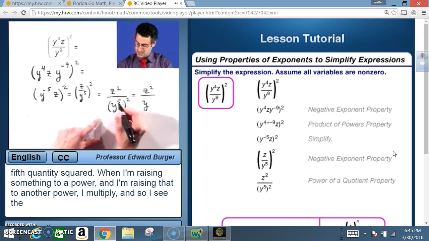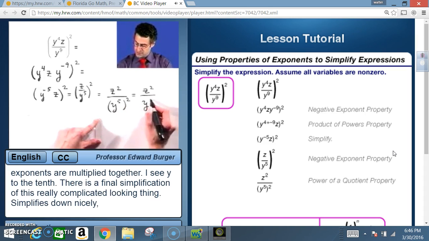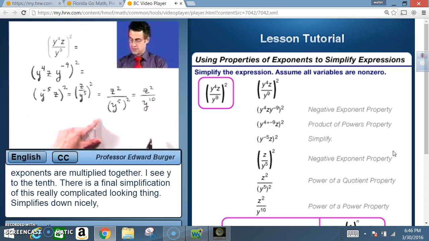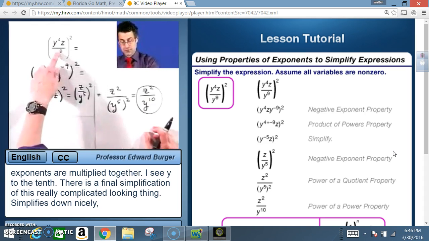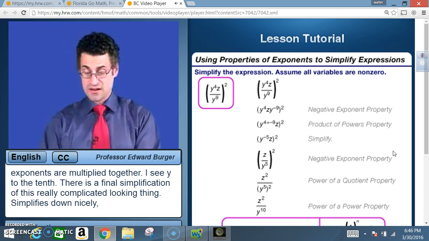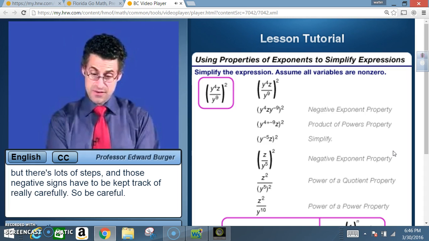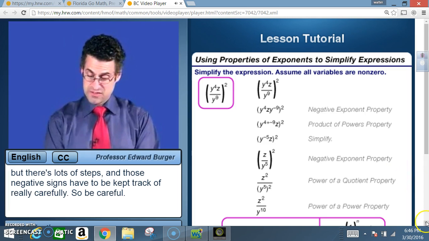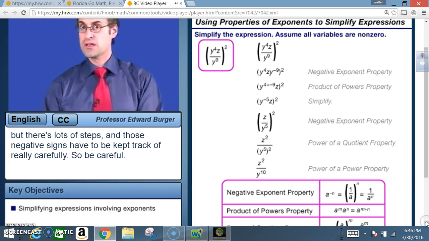And so I see the exponents are multiplied together, and I see y to the 10th. And so there is a final simplification of this really complicated looking thing. It simplifies down nicely, but there's lots of steps, and those negative signs have to be kept track of really, really carefully. So be careful.